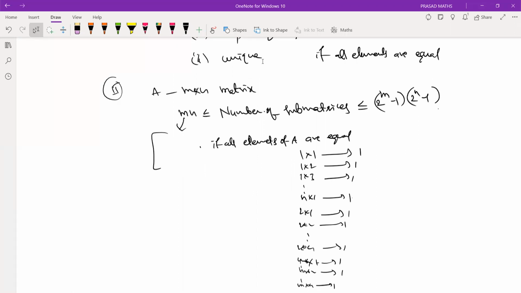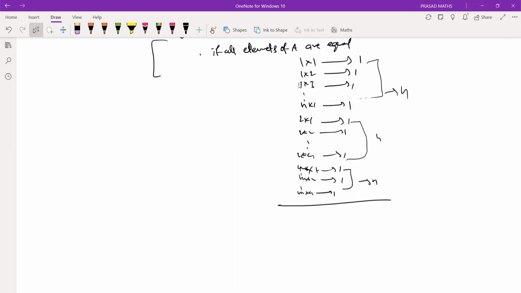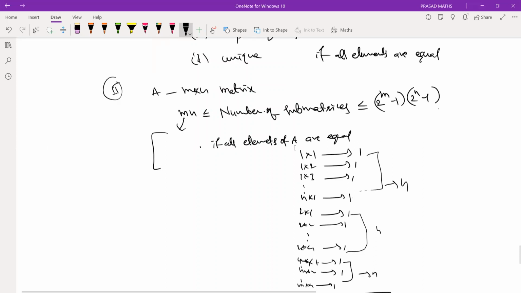Now, how many in total? mn. Each row gives n, this is n, this is n, this is n, total n plus n plus n plus n plus n, mn. Is it clear? So if all the elements are equal, the total number of submatrices, across all orders, what is mn?